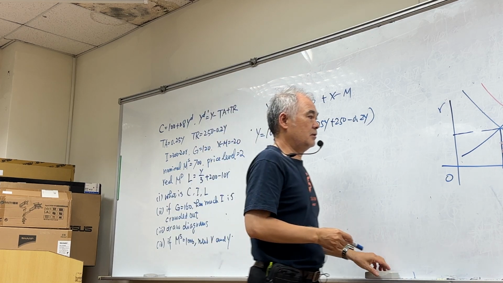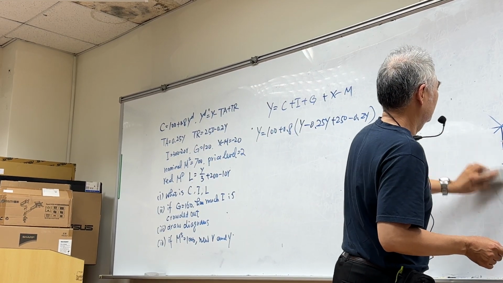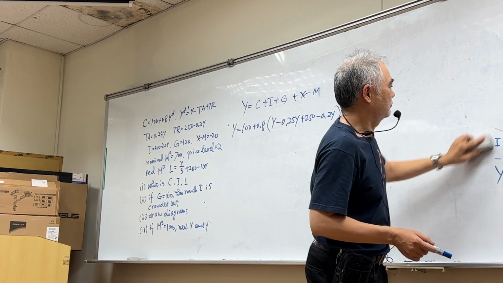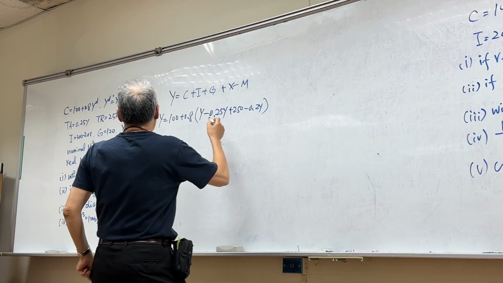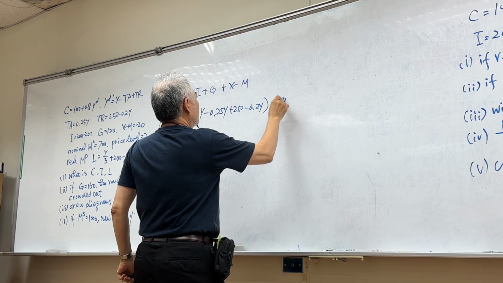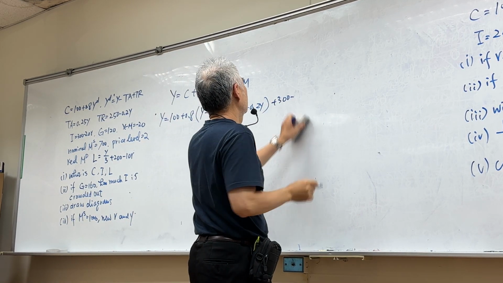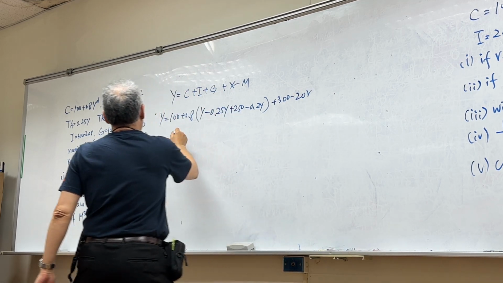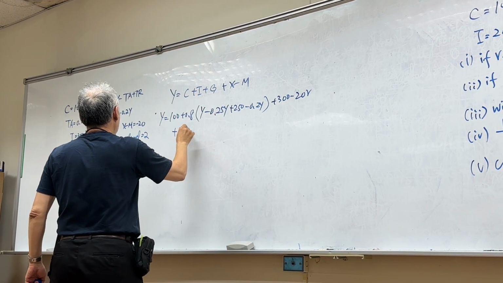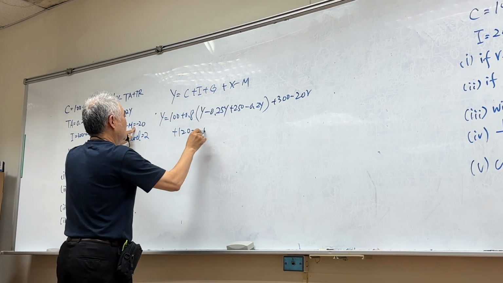So sorry, let me erase this. Okay, so you have plus 300 minus 20r. And plus g, 120, and plus x minus m, so it's negative 20 here.